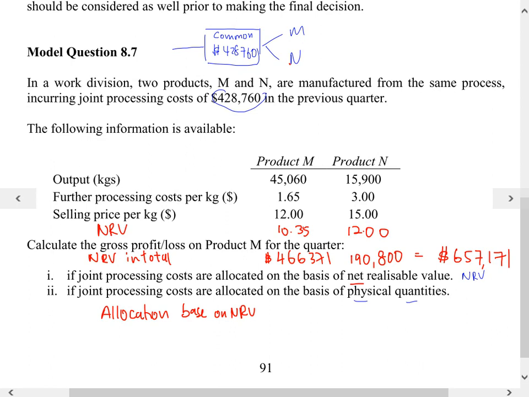Product M, and both. Allocation based on NRV.